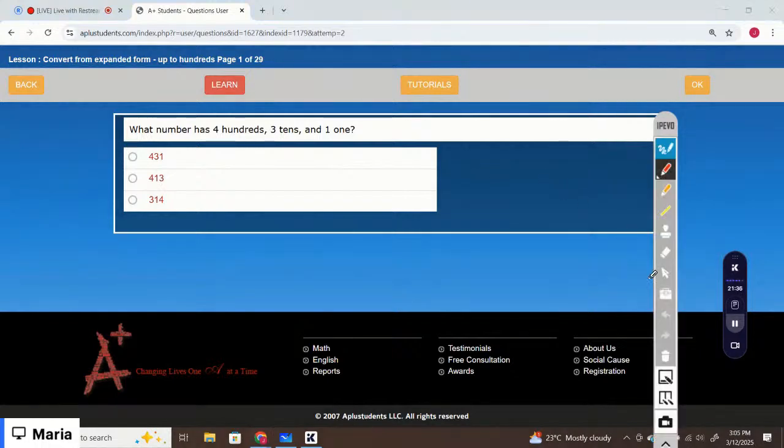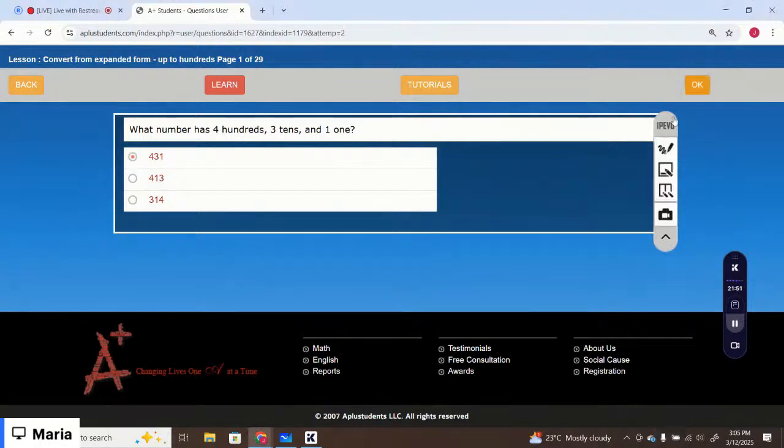So let's just make a place value chart. 1, 10, and 100. So 4 is at the hundreds place, 3 is 10, and 1 is 1. So the digit they make is 431. Option number 1 is the correct option. 431 it is.